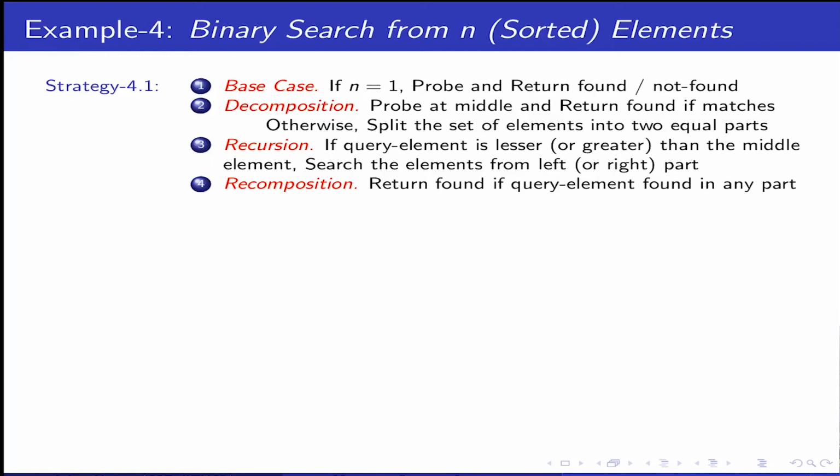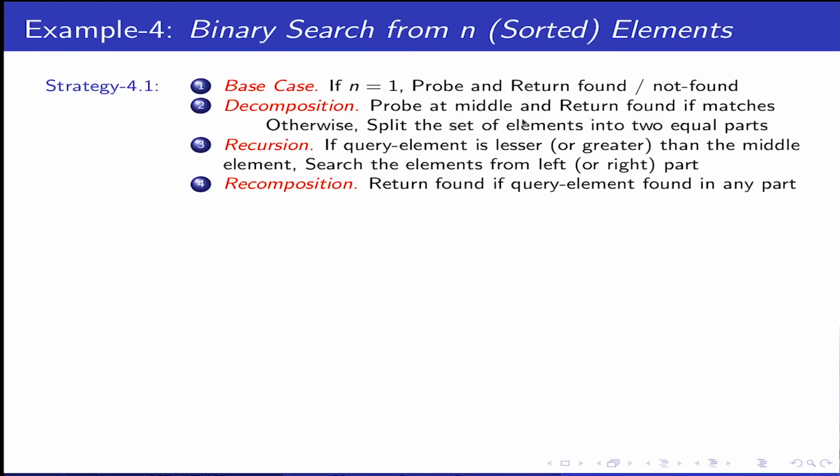If it is greater, less or equal, those 3 answers I can get by a single probe. So what will be my strategy? One strategy is to always split in the middle. If there is 1 element, I just probe and return whether that element is what I want to search. Otherwise, you probe the middle and return if that is your element, or you split it into 2 parts.